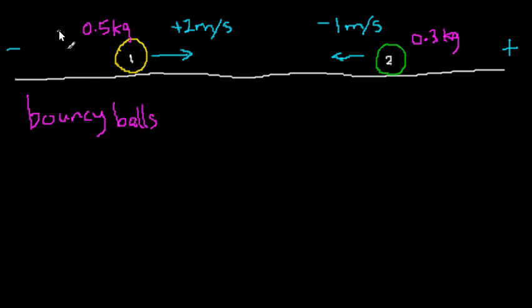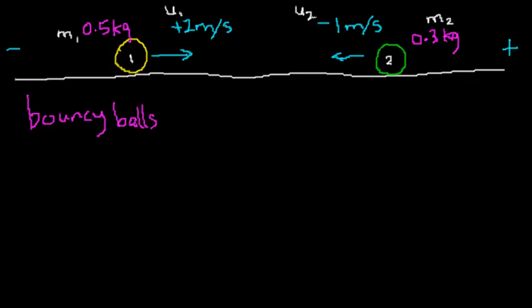I'm going to call this mass M1. I'll call this mass M2. I call this velocity U1. I'm going to call this velocity U2. Okay, that should be all right.